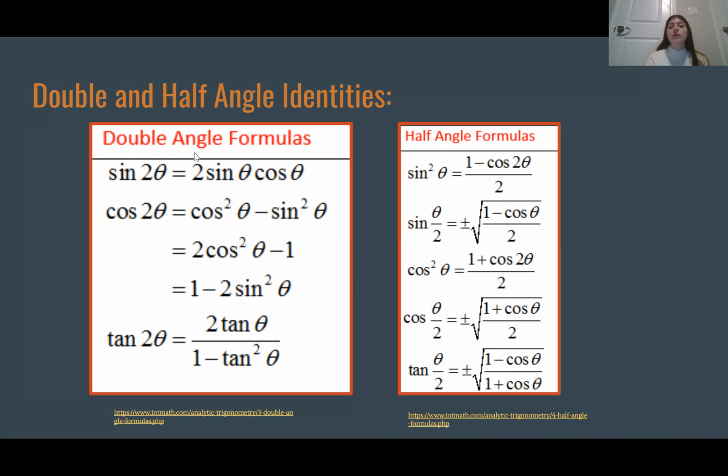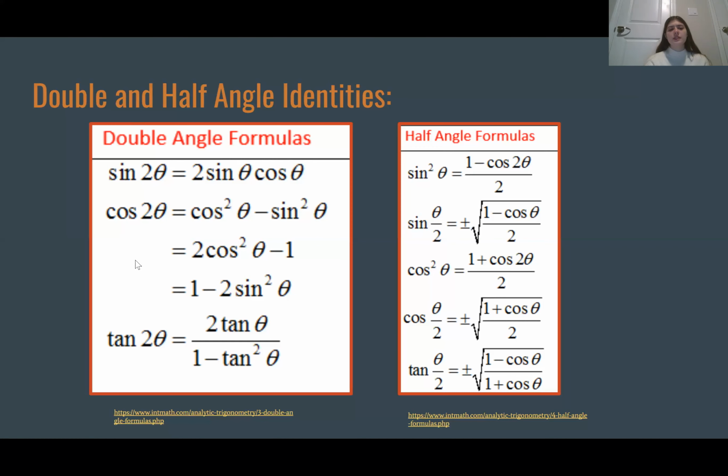That is why it's called a double angle, because we're taking the angle and we're doubling it, okay? So this first one, sine of 2 times theta equals 2 sine theta cosine theta, comes from the sum and difference identities that we talked about before. And then the rest of these, I believe, come from the Pythagorean identities.